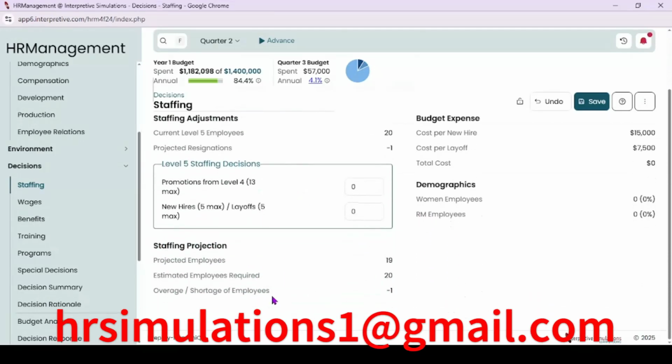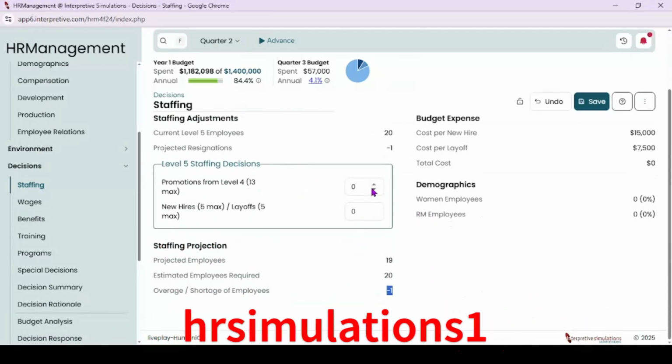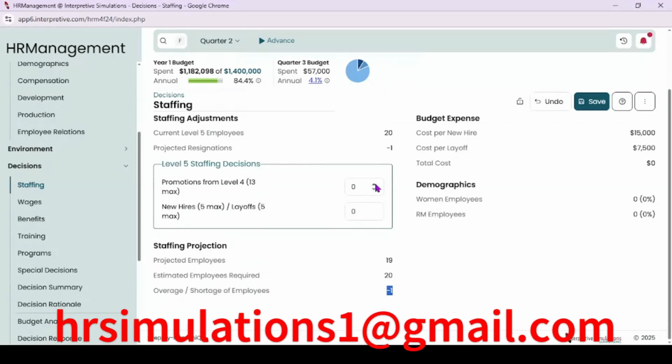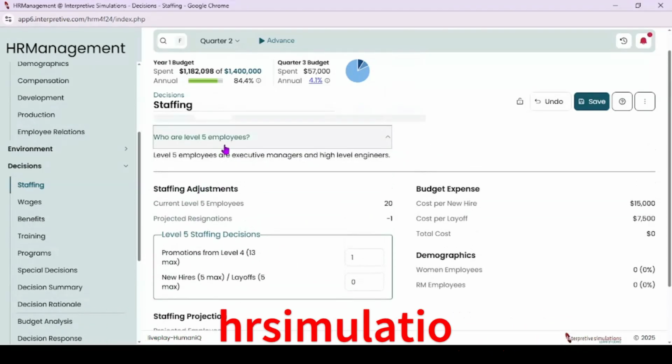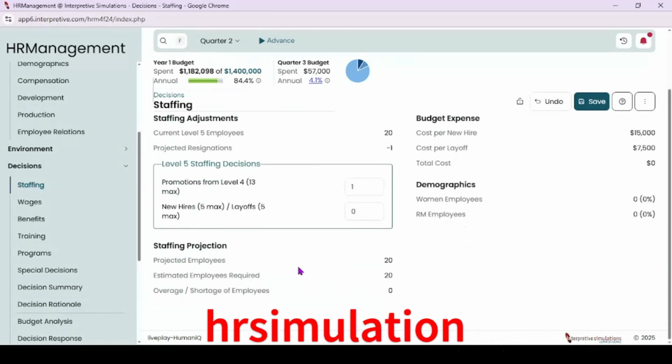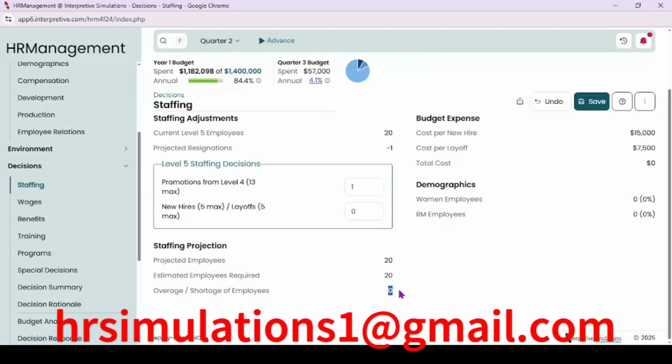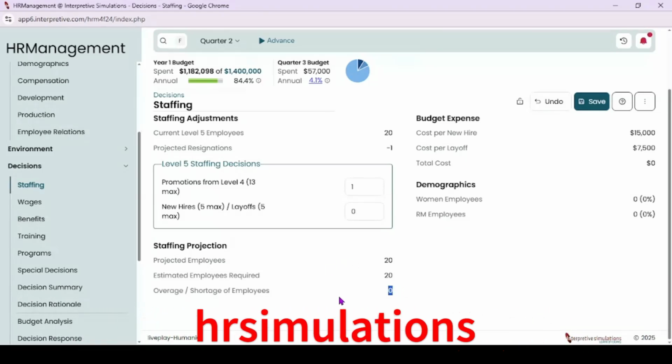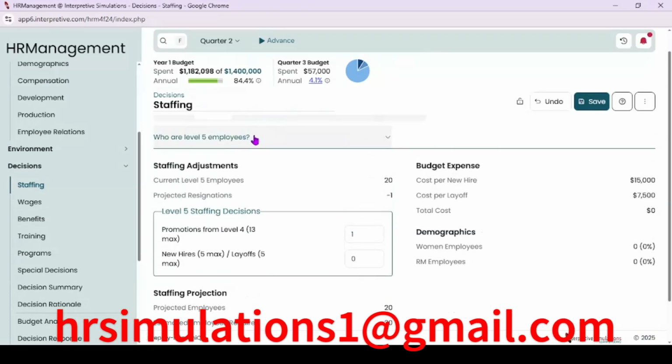Here you can see that we have a shortage of one, so we can promote one from level 4, so that he can become an executive manager or high level engineer. So we have 0 under the overage or shortage of employees. That's it about level 5.